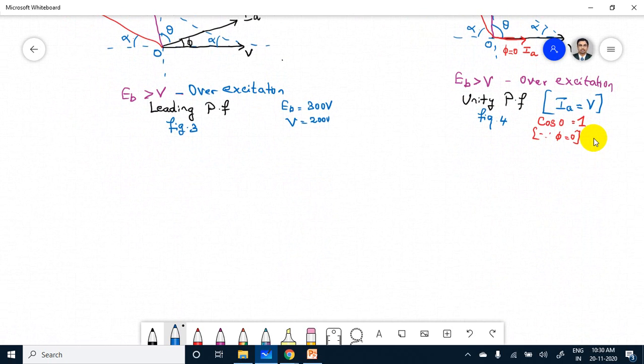Now the formulas, please take down. First two, for lagging power factor.